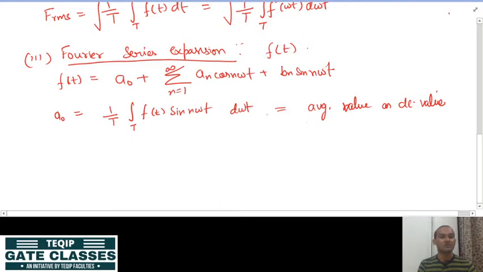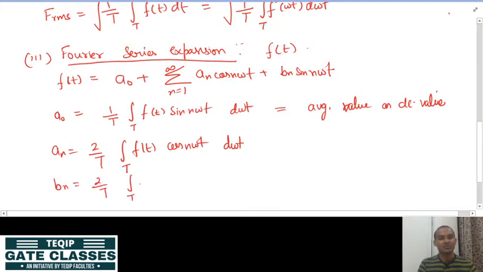Then a n is 2 upon T, integration over one time period, f(t) cos n omega t d omega t, and b n is again 2 over T, integration over one time period, f(t) sin n omega t d omega t.